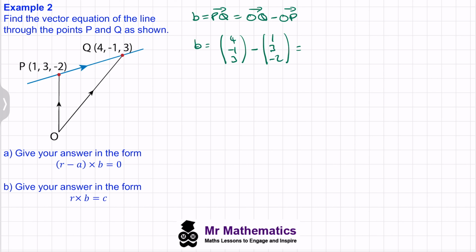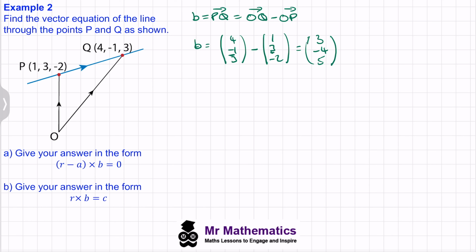Then we subtract the common components. 4 take away 1 gives us 3 in the i direction. Negative 1 take away 3 gives us negative 4 in the j direction. And 3 take away negative 2 gives us a positive 5 in the k direction. So this is the direction vector, 3, negative 4 and 5.